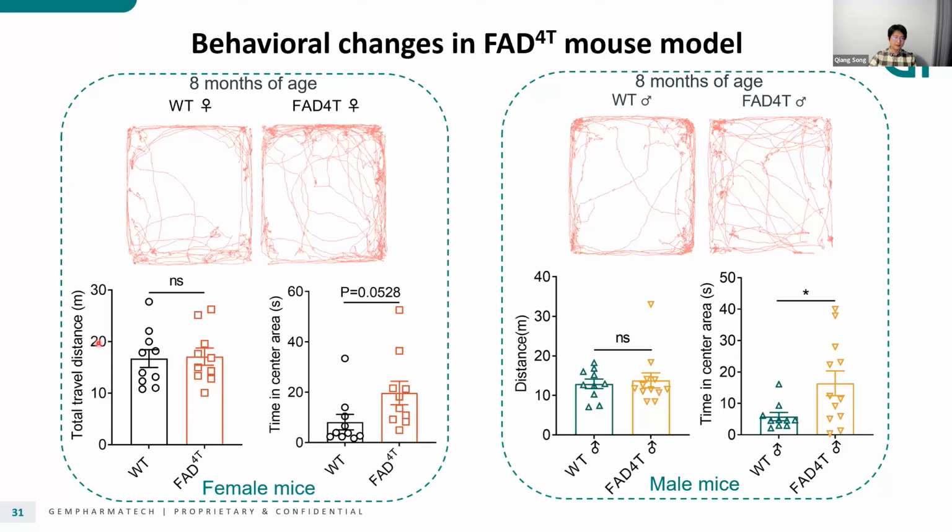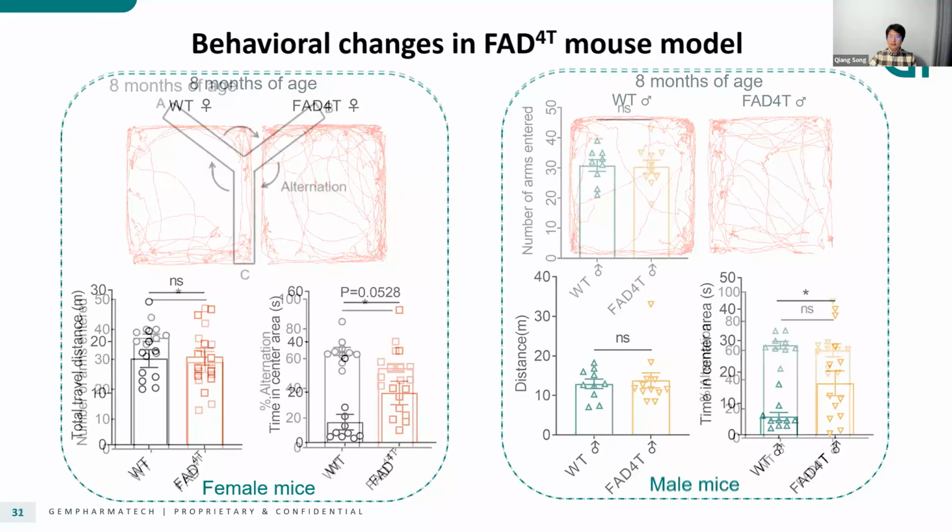The total travel distance has no significant decrease in the FAD40 mice compared to the wild-type mice, while the time in the central area is significantly increased in the FAD40 mice. This data suggests that the cognitive ability may be impaired in the FAD40 mice.